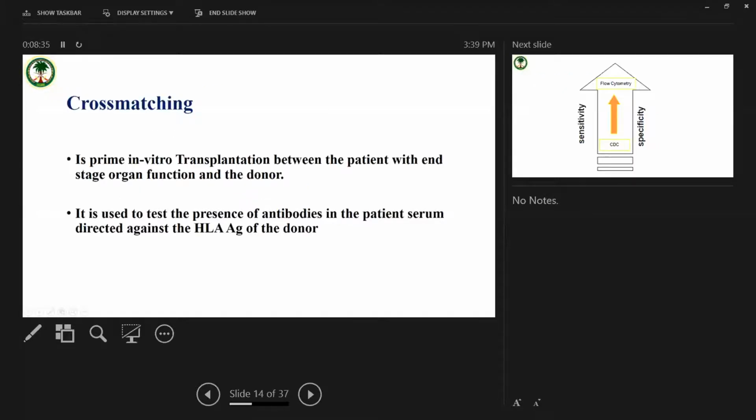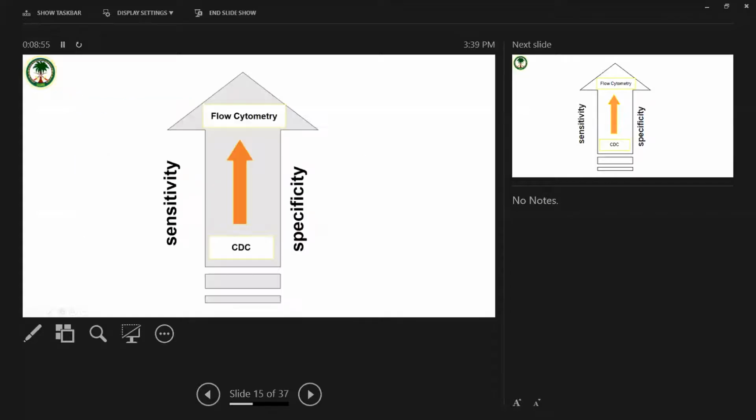The second technique that I will tackle quickly in a few minutes is cross-matching. With cross-matching, we would like to assess in vitro the immune response of the recipient against the donor HLA antigens. I usually call it in vitro transplantation, in which you can replay what is going to happen in vivo, proactively, prior to transplantation.